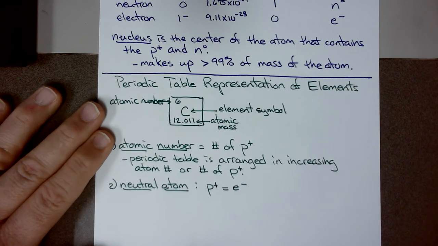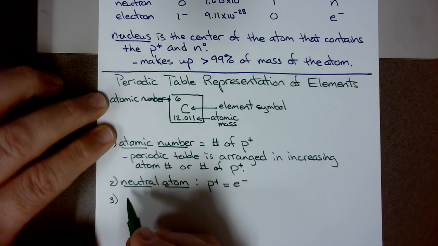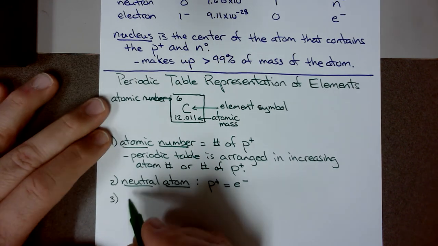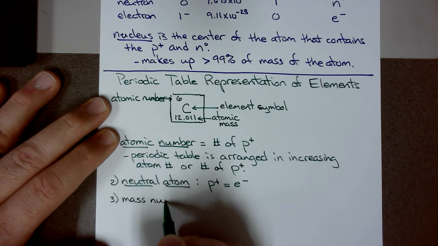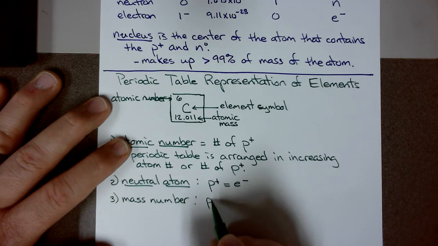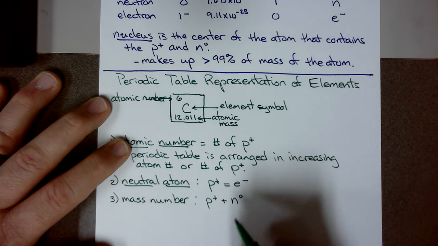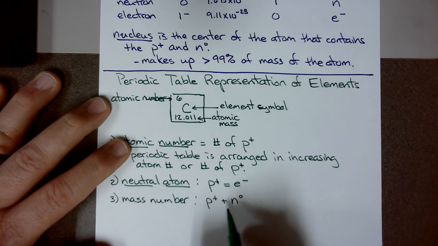Okay. The next thing is the mass number. And we'll talk a little bit more about the mass number. But the mass number is protons plus neutrons. So our mass number is made up of the protons plus neutrons.